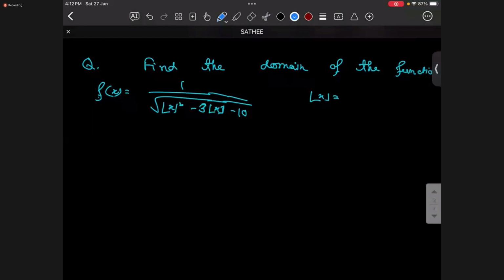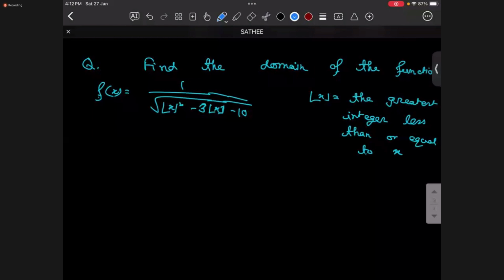Box x stands for the greatest integer less than or equal to x.